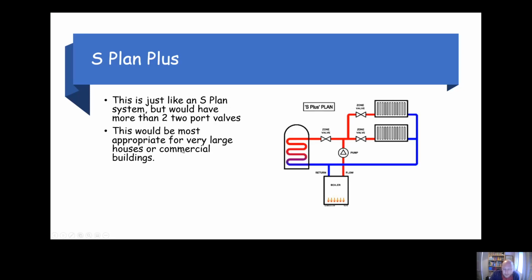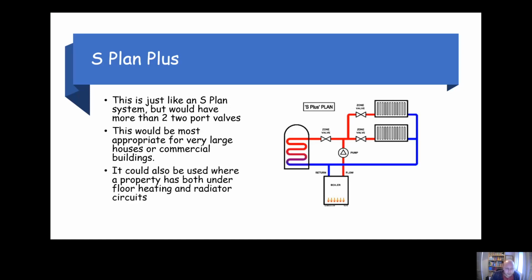So interestingly, most properties these days, if they do have an S-plan system, would be S-plan plus, because there's a requirement in Part L to split the living area and the sleeping area into different zones. It could also be good if a property's got underfloor heating and radiator circuits.